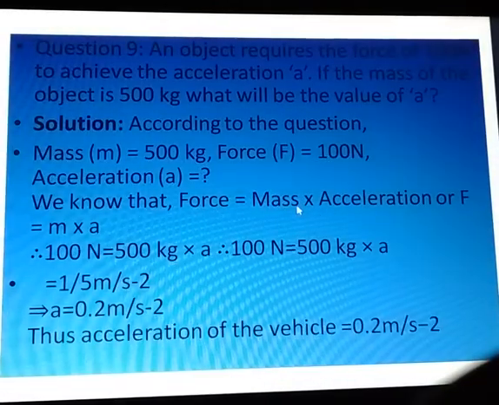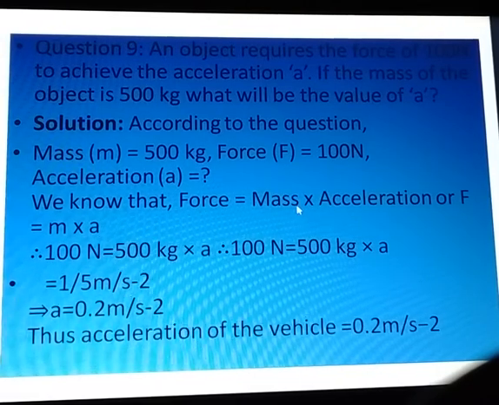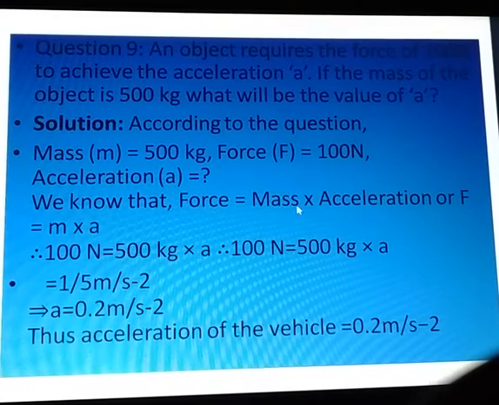Now in the next question, an object requires a force of 100 Newton. Again, force is in its SI unit. To achieve the acceleration A, if the mass of the object is 500 kg, and again mass is also in its SI unit, we have to calculate acceleration. We can calculate acceleration very easily.